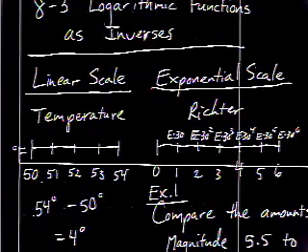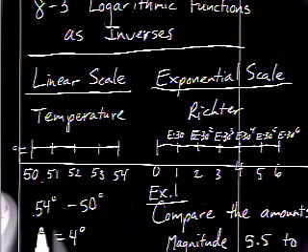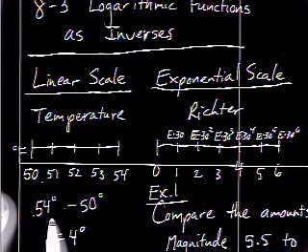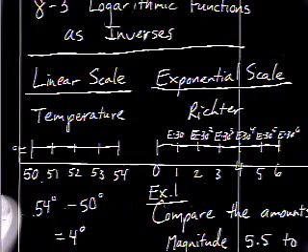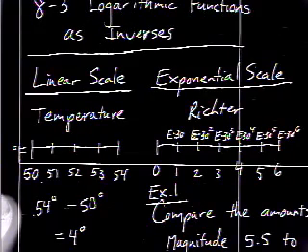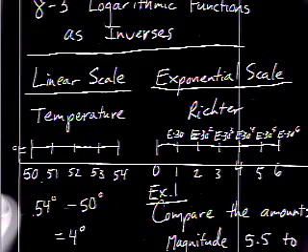So if you were to ask me whether it was 50 or 51 degrees outside, I wouldn't be able to distinguish the difference between those two things. In fact, if you asked what's the difference between 54 and 50 degrees, we would subtract them, because on a linear scale, everything is based upon addition and subtraction. So comparing those two, I would just need to subtract.